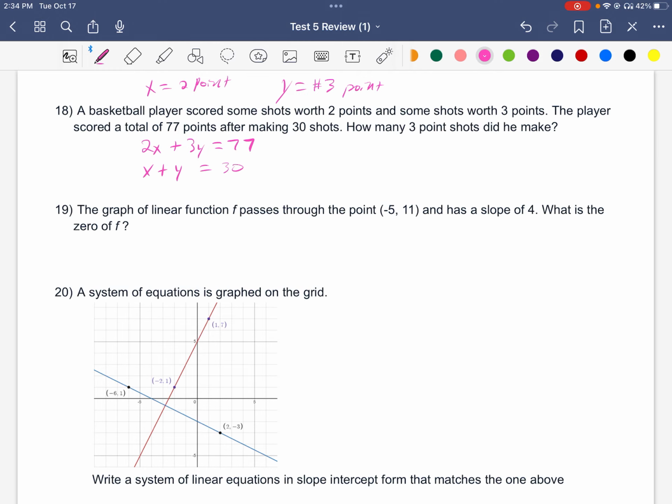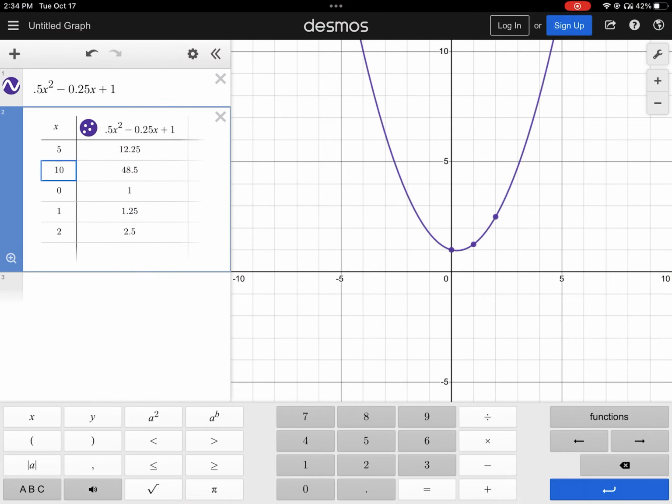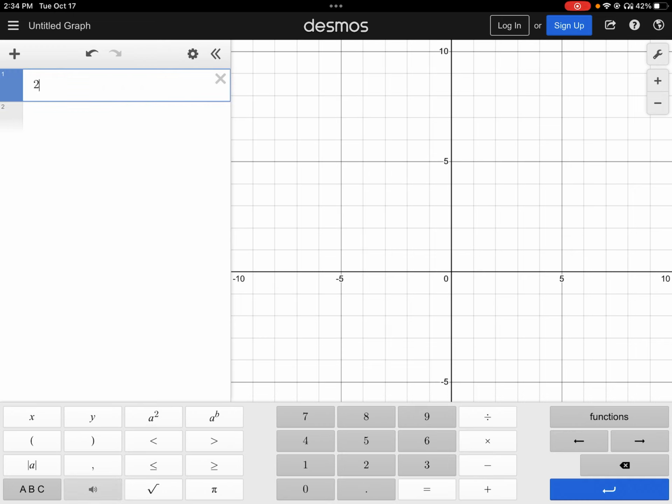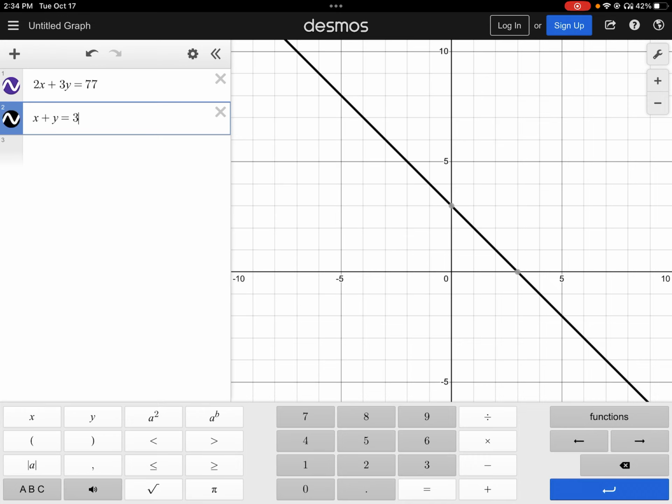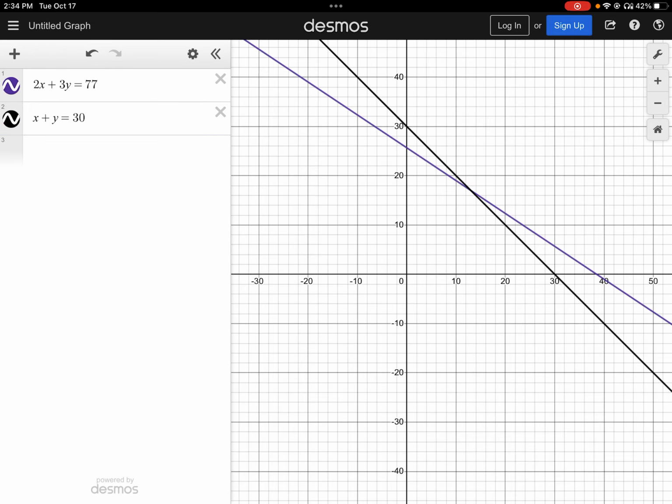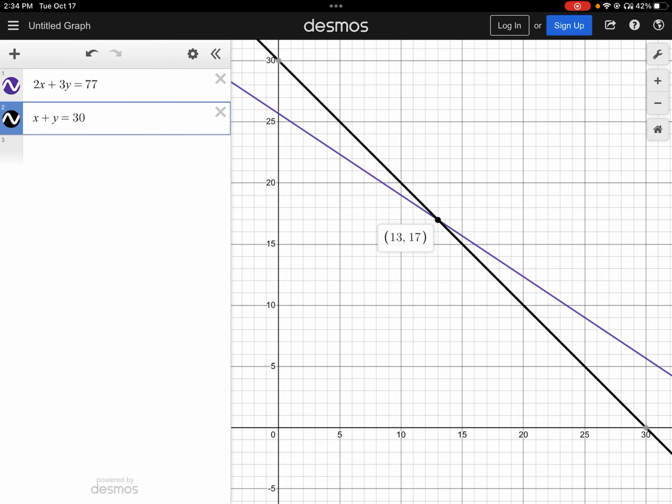So what I'm going to do is I'm going to type that in Desmos. So it's 2x plus 3y equals 77, and then x plus y equals 30. All right, I'm going to find where those two lines meet.